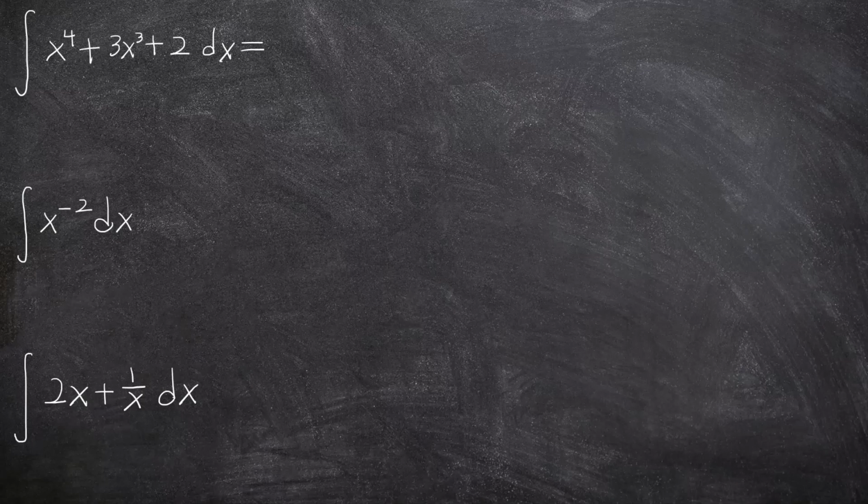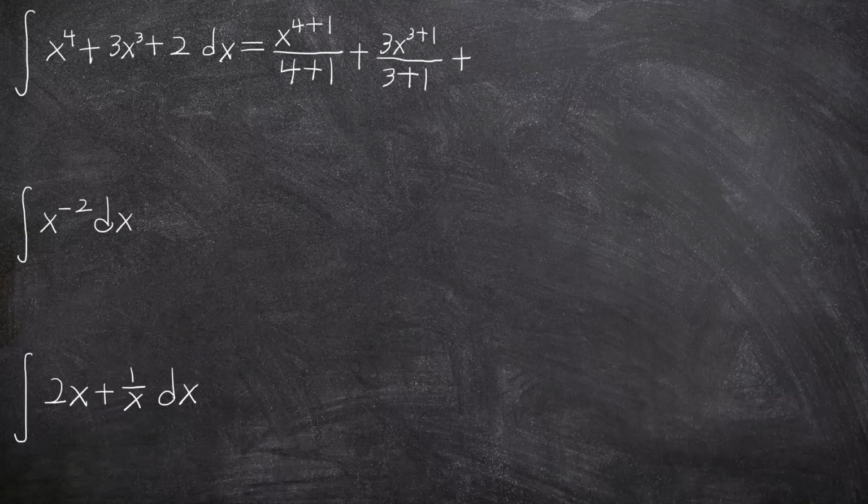Okay, so starting with the first one, we will want to integrate the first term. We would do this by writing out x to the 4 plus 1 over 4 plus 1 plus, now the second term, 3x to the 3 plus 1 over 3 plus 1.